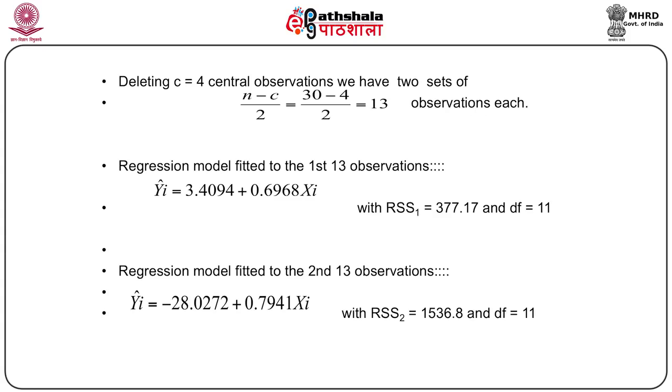And after we fit a regression model to the second set of data, the model that we obtain is yi hat equals minus 28.0272 plus 0.7941 xi, with residual sum of squares RSS2 equals 1536.8 and degrees of freedom 11.